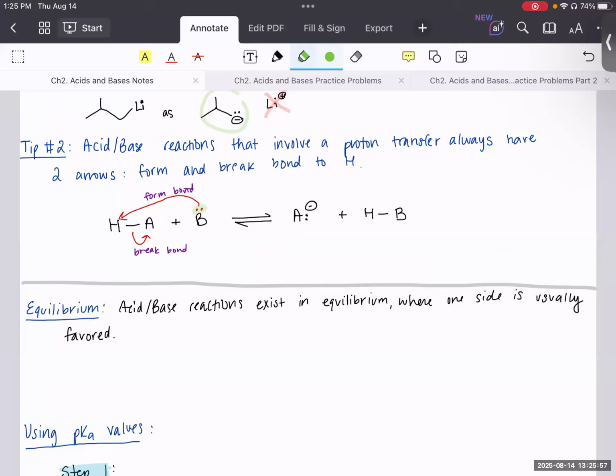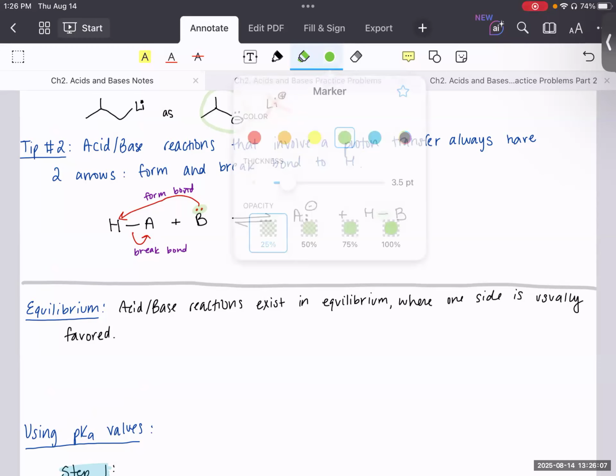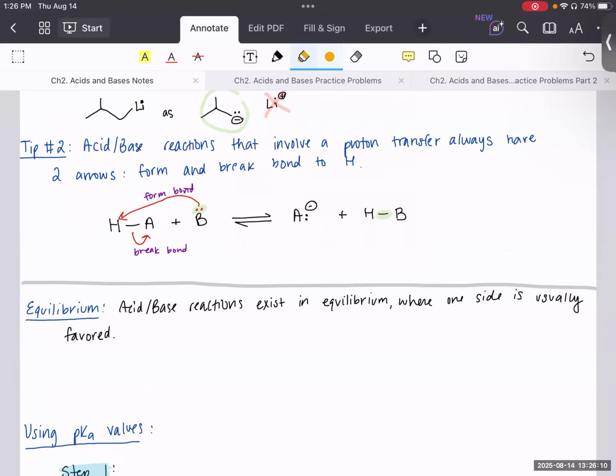So this initial green pair of electrons on top of the base that I highlight in green ends up in the single bond between the hydrogen and the base. And then for this other bond that I just highlighted in orange, that ends up as that lone pair. And so at every point, you should be able to conserve those electrons and be able to trace where they initially started and where they ended up.